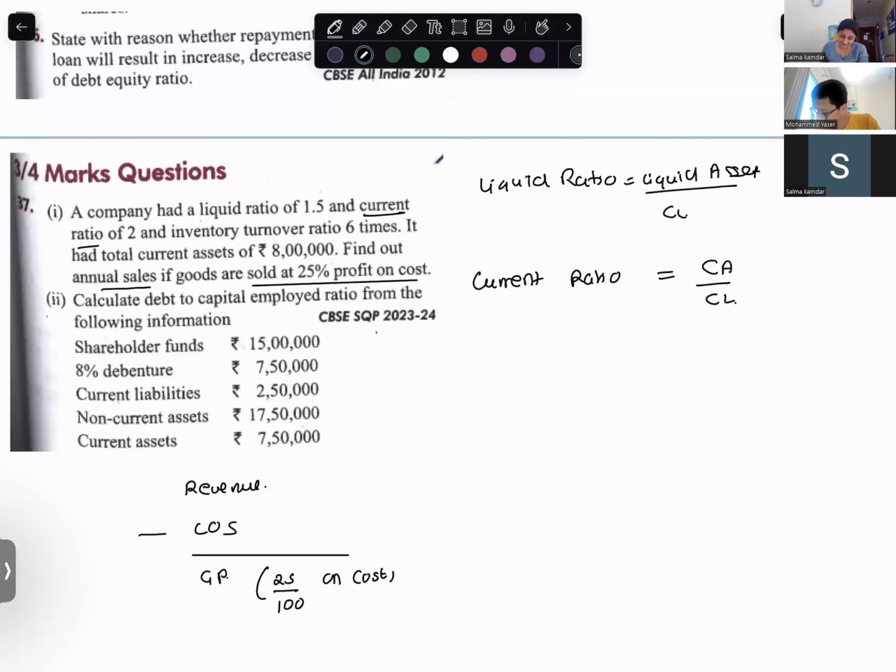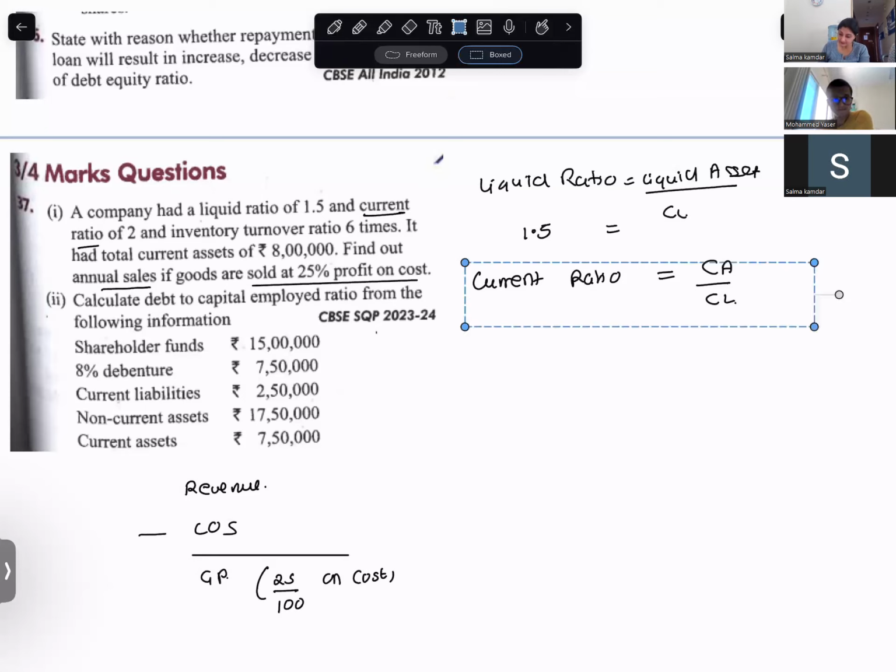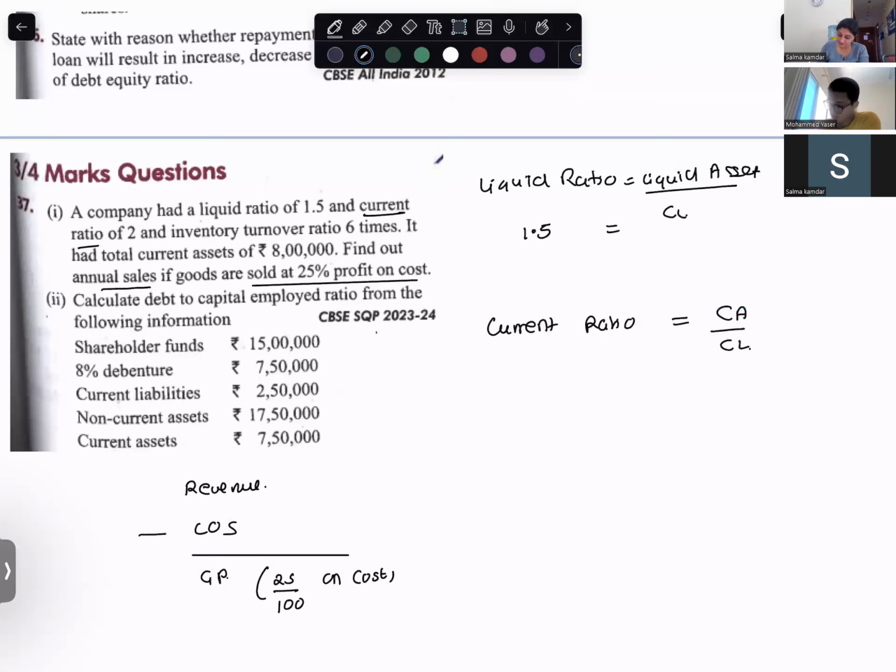What information do we have? Liquid ratio is 1.5. Current ratio is 2.